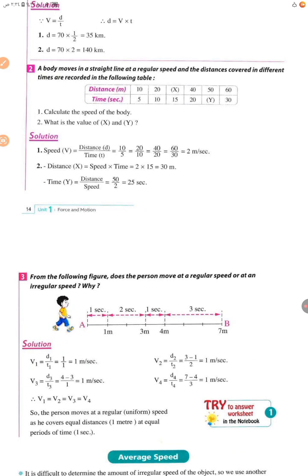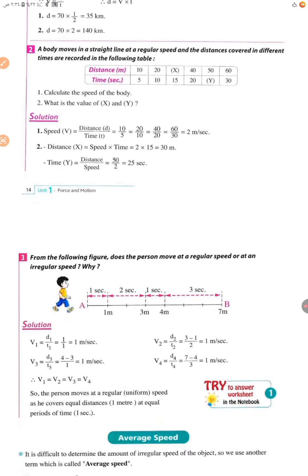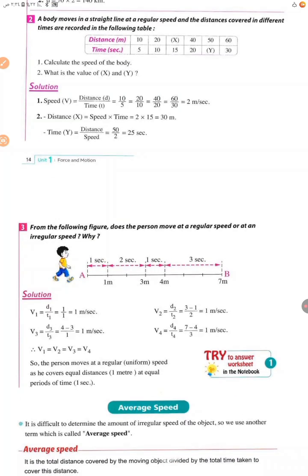Time: 5, 10, 15, 20, another unknown y, and 30. It asks me to calculate the speed of the body, and what is the value of x and y.